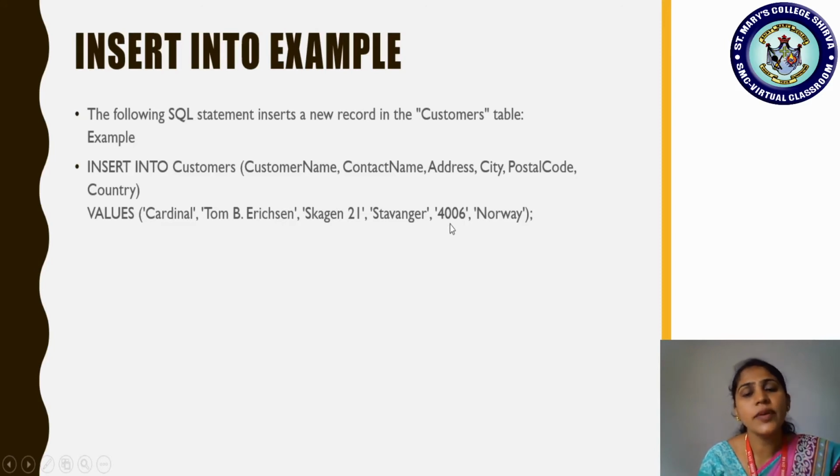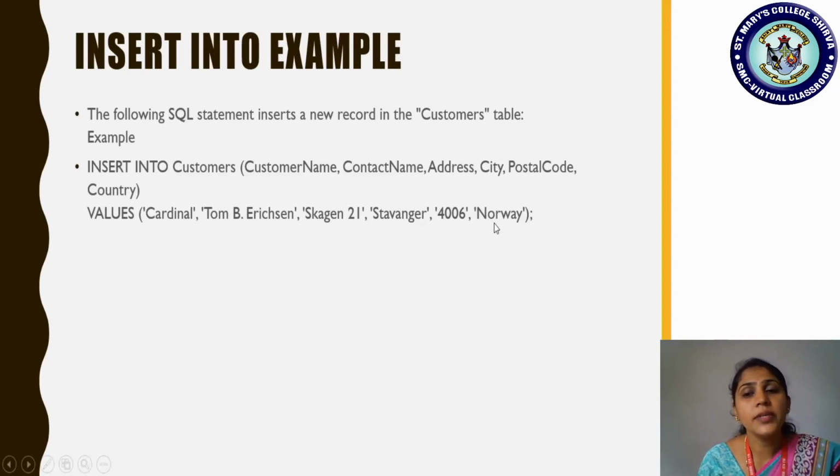Okay, so that is why it is shown in single quotes. Otherwise, if it is a number and you are putting single quotes, sometimes it doesn't accept it and it may show you the error. Okay, so as they are putting the single quotes for 4006, maybe the customer postal code they have declared as varchar.